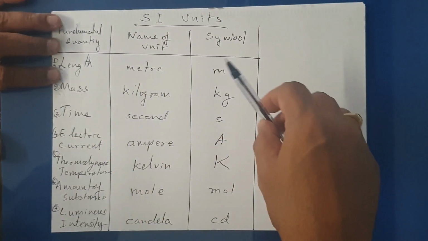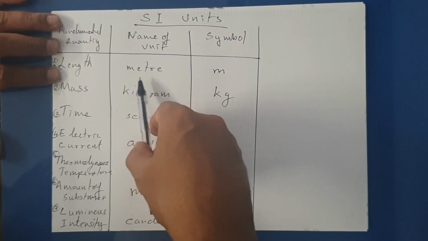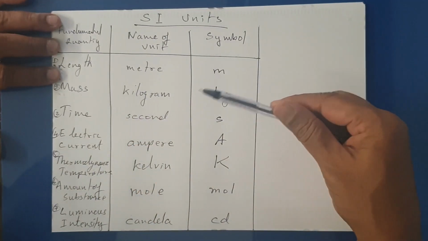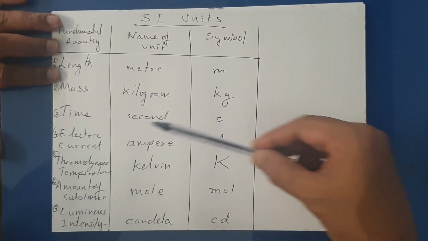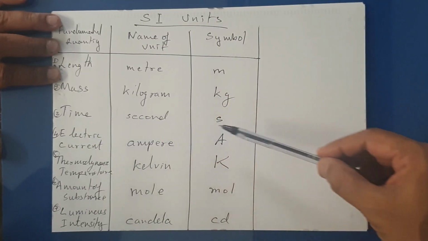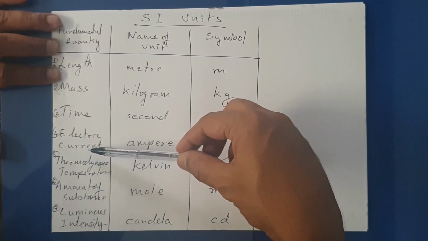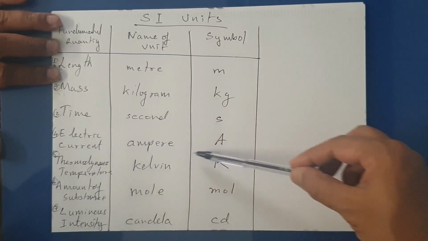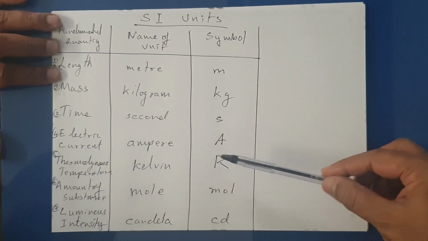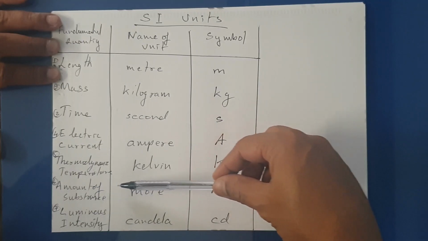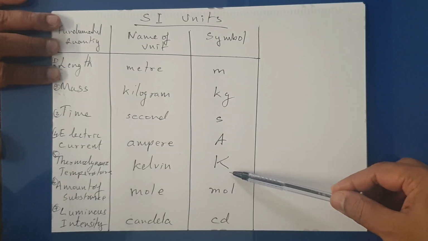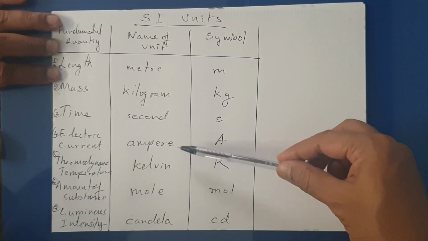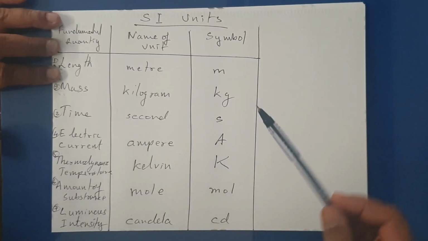The name of the unit of length in SI is meter and its symbol is small m. That of mass is kilogram, symbol is small kg. That of time is second, symbol is small s. That of electric current is ampere, symbol capital A. That of thermodynamic temperature is Kelvin, symbol capital K. Here ampere and Kelvin are named after scientists.